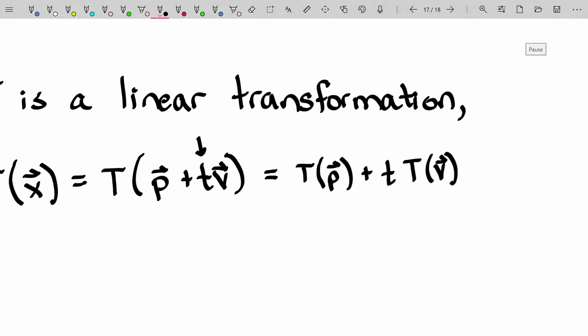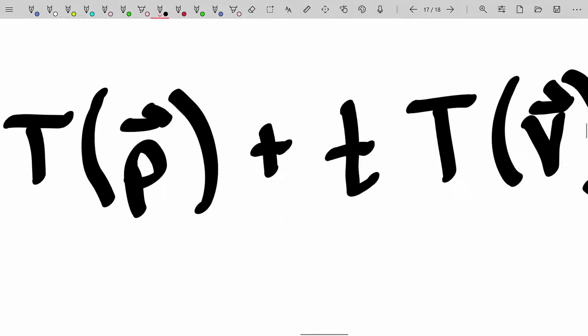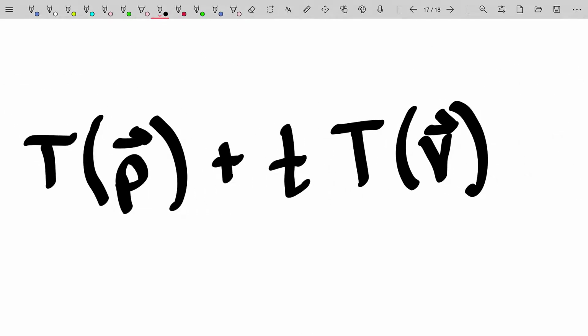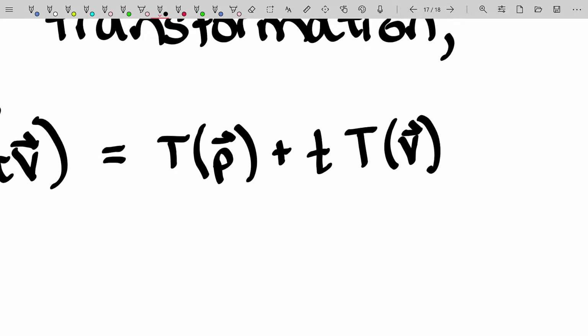Now, just a heads up here, T of p is just a vector, and T of v is also just a vector. Let's go ahead and just call these u. Actually, I can't use u and v because v is being used. We'll call them u and w.